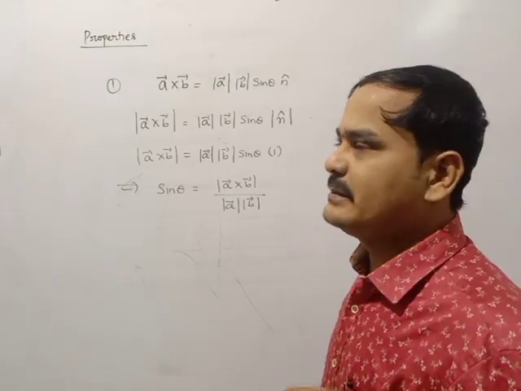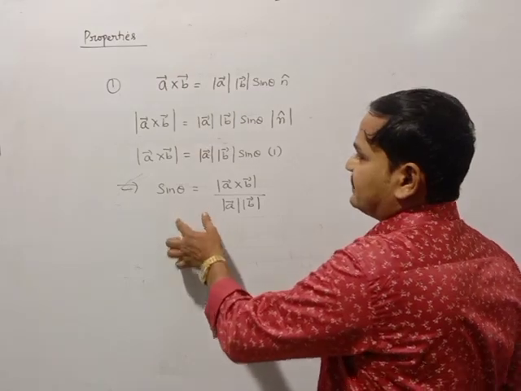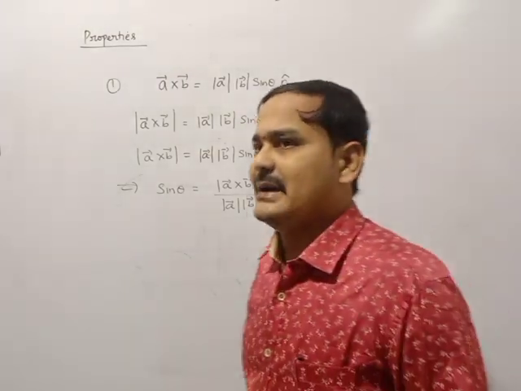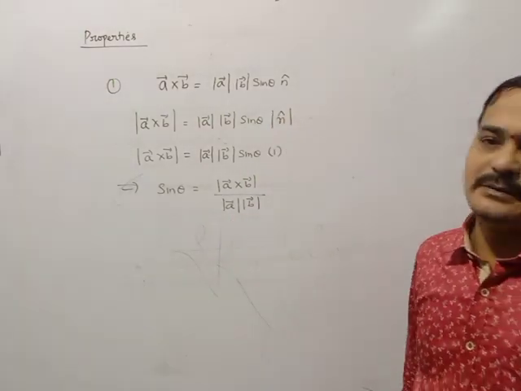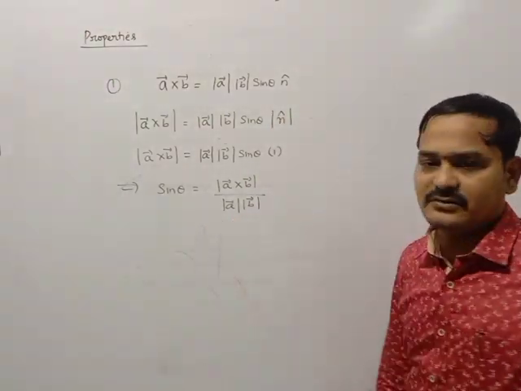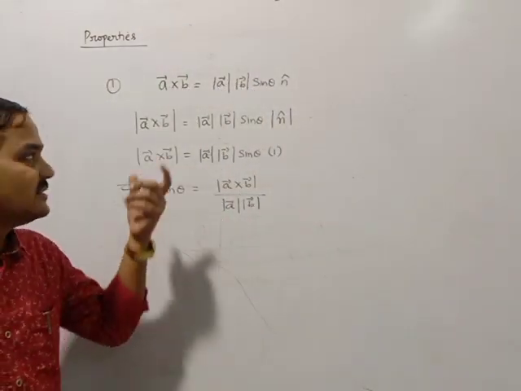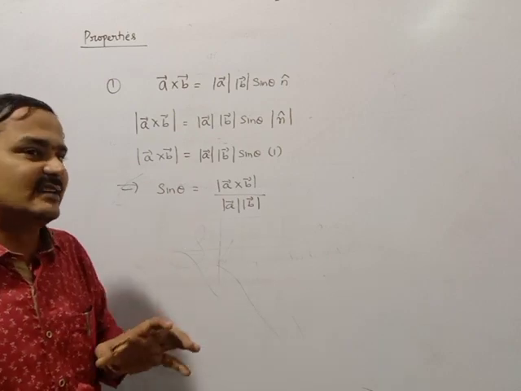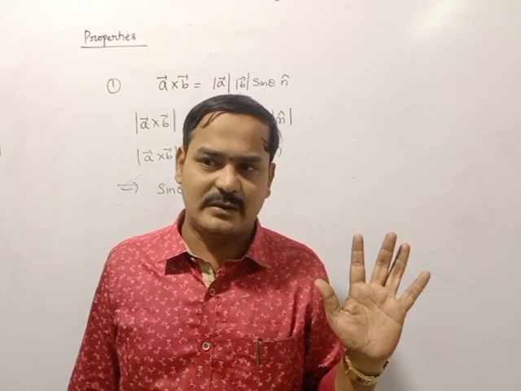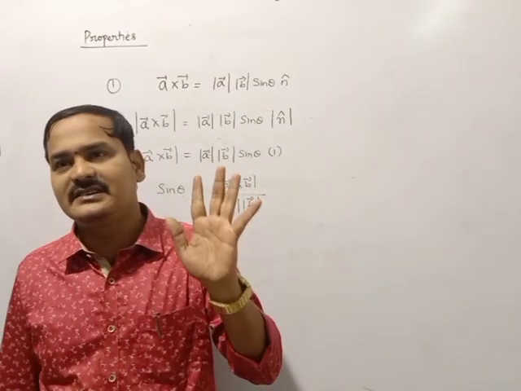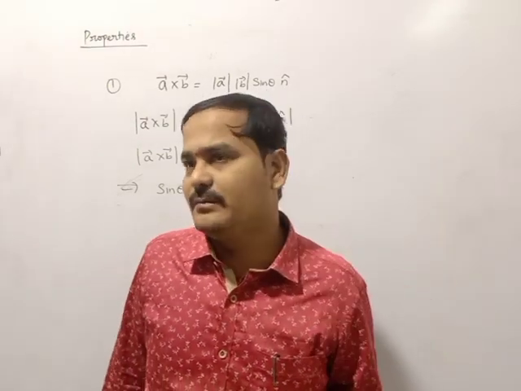This is the formula you can use for finding the sine of the angle between two vectors. If A bar, B bar are any two vectors, to find the sine of the angle you can use sin theta is equal to modulus of A bar cross B bar by mod A bar into mod B bar. Again, if they ask for the angle between any two vectors, generally go for the cos theta formula because it is easy. Cos theta is equal to A bar dot B bar by mod A bar into mod B bar.